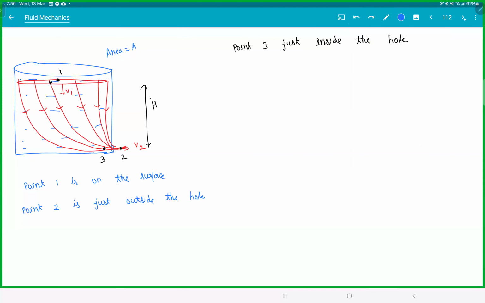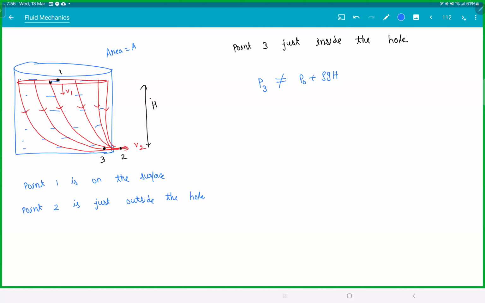What you're saying is true. If I take 3 somewhere here, then it's a problem. But just inside, just outside, it is almost the same. What is the issue? Can I use it, yes or no? What is the problem with the pressure? You cannot write P3 is equal to P naught plus rho gh.